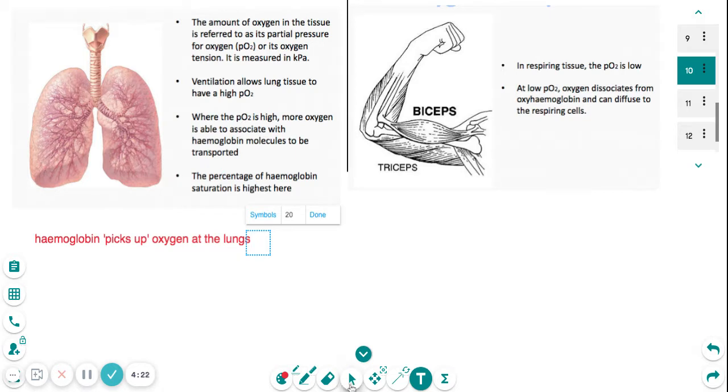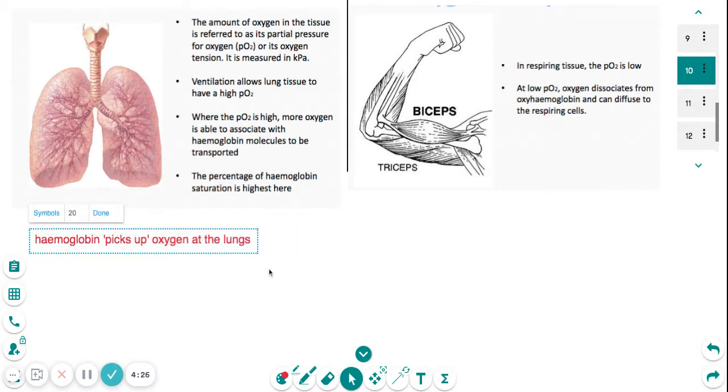So haemoglobin associates with oxygen at the lungs.